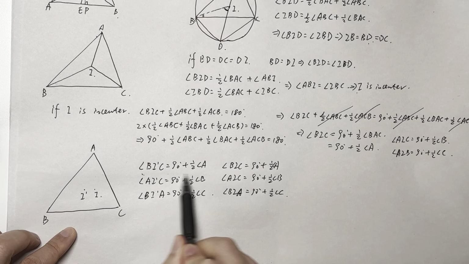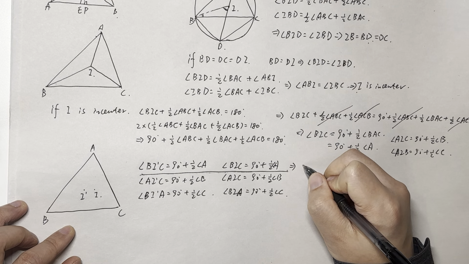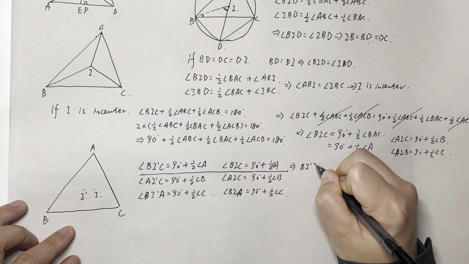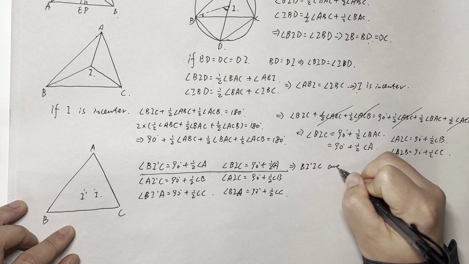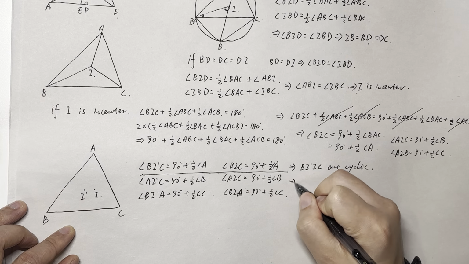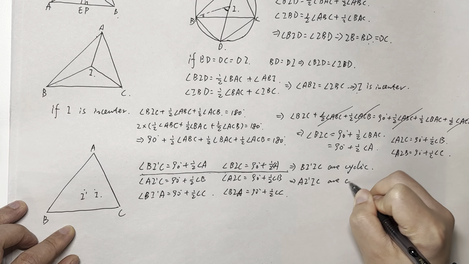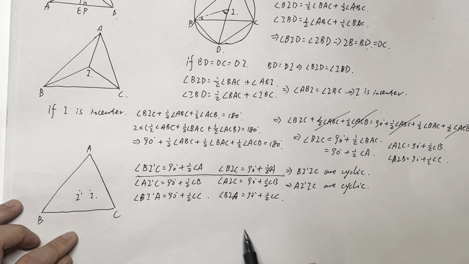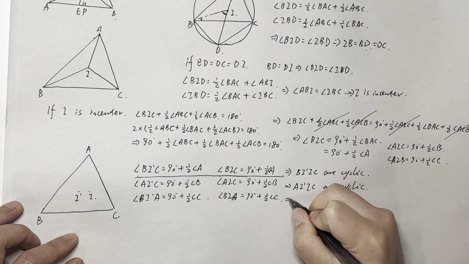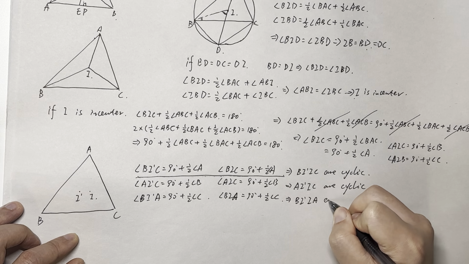Which means from the first one, we know that B, I prime, I, C are cyclic. And from the second one, we know that A, I prime, I, C are cyclic. From the third one, we know that B, I prime, I, A are cyclic.